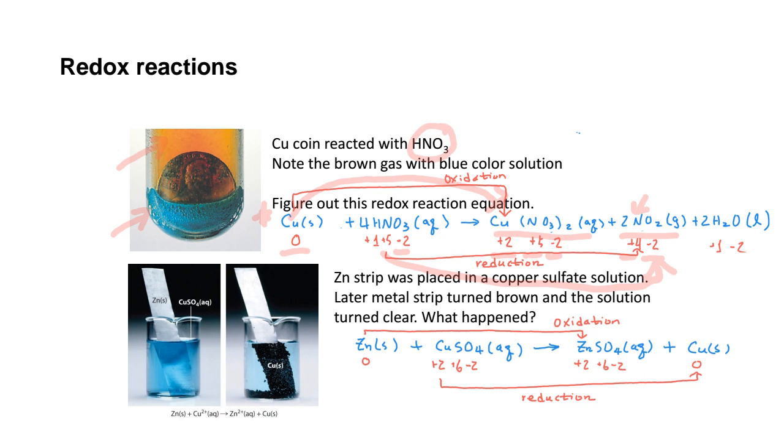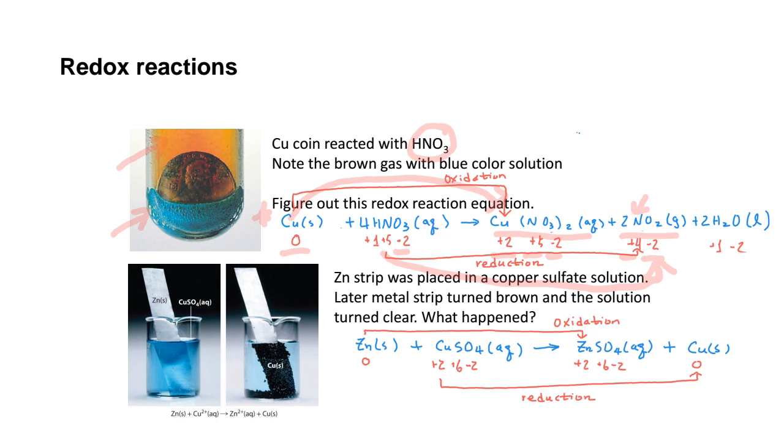Later, you will see the color of the copper sulfate solution getting clear. And when you look at the surface of the zinc metal strip, you'll observe the formation of brown granules, which is actually the copper metal that was formed from the reduction reaction.